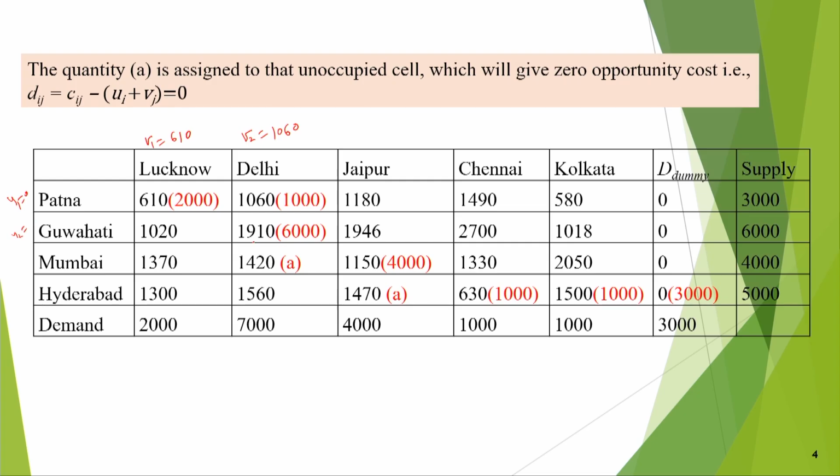This is 1060 and this is 1910. Therefore 1910 minus 1060 basically becomes 850. So U2 is 850.